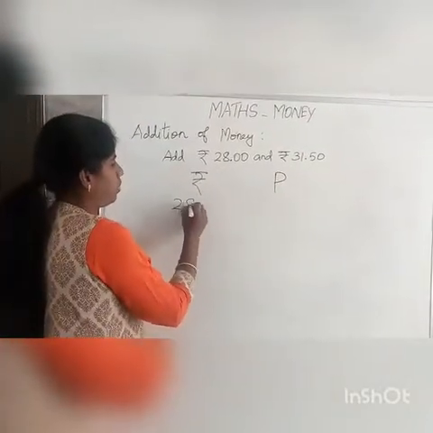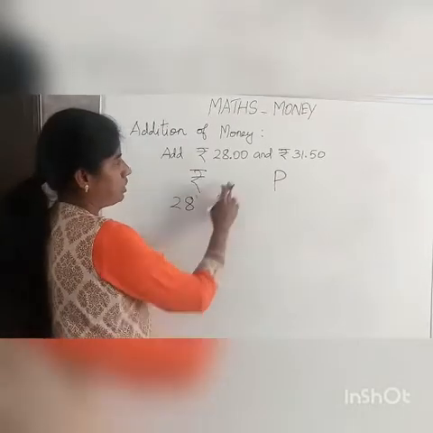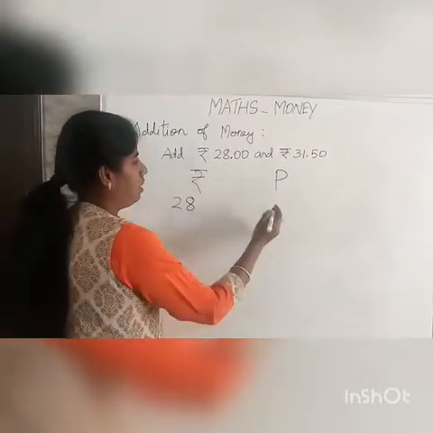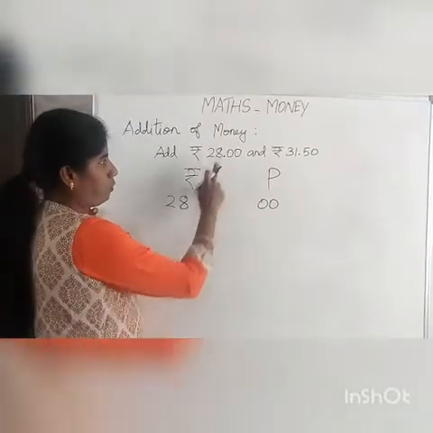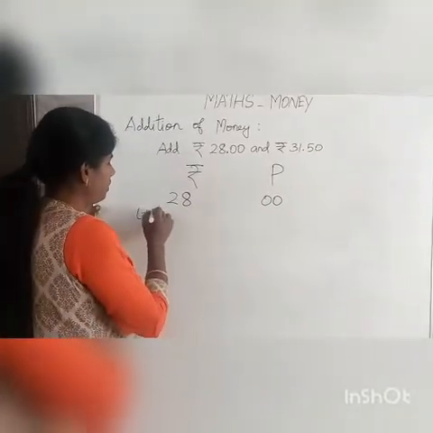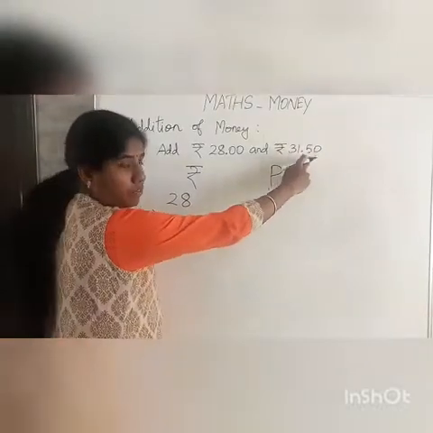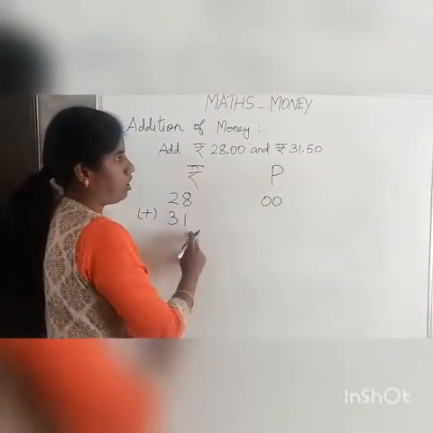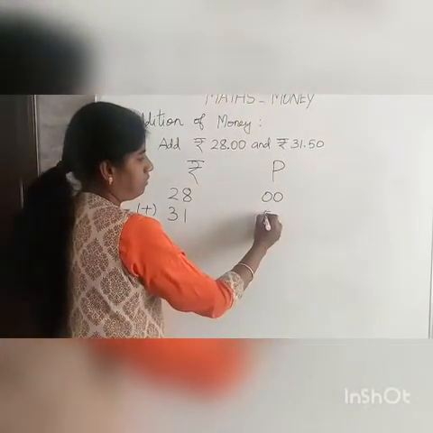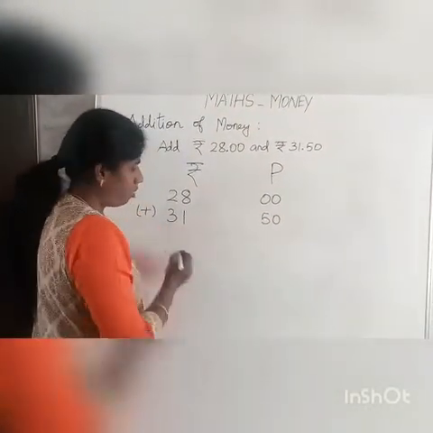So 28 rupees. We don't have any number for paise, so we will write 00 here. Along with this we need to add 31 rupees 50 paise. So 31 we will write under the rupees column and 50 paise we will write under the paise column.